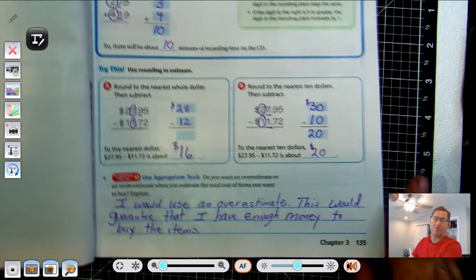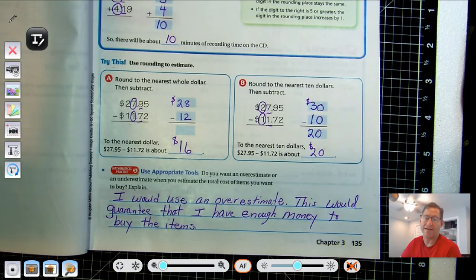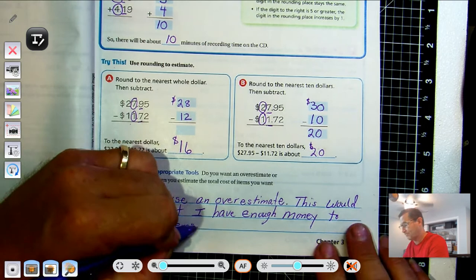So that would make sure that we have enough money to buy the items.